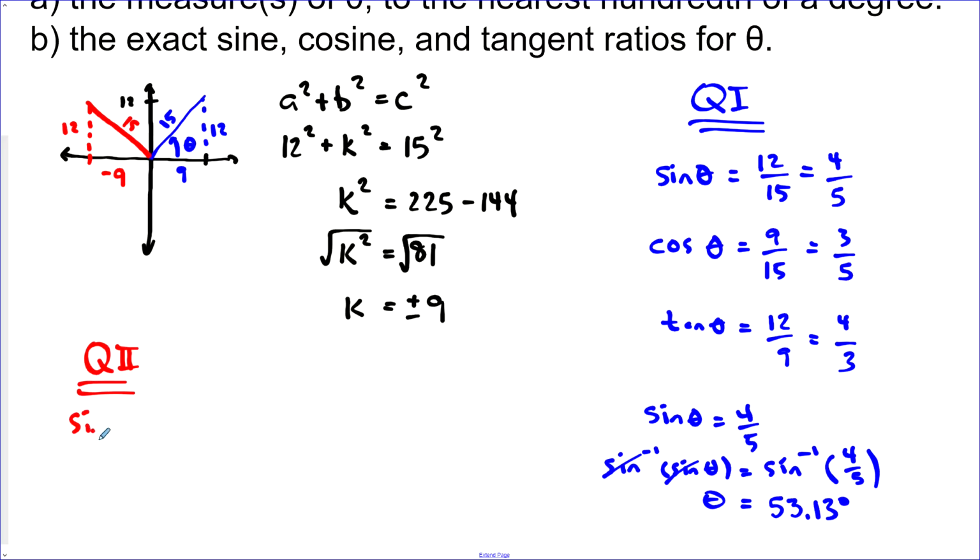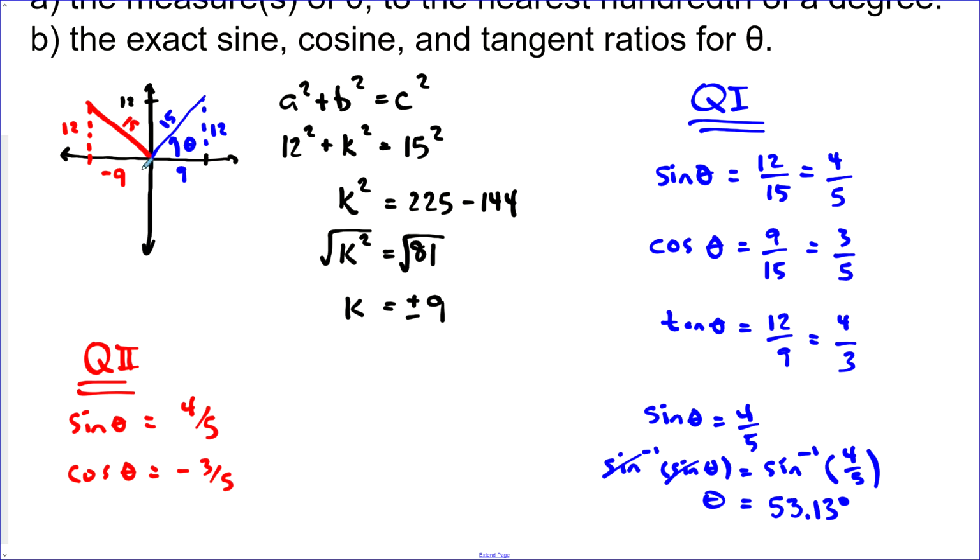Now let's find the solutions in quadrant 2. We've got sine theta is now going to be the same because sine is positive in both quadrants, and remember we're dealing with the same reference triangle here. So still 4 over 5. Cos is negative over here in quadrants 2 and 3, so same ratio, but this time negative.